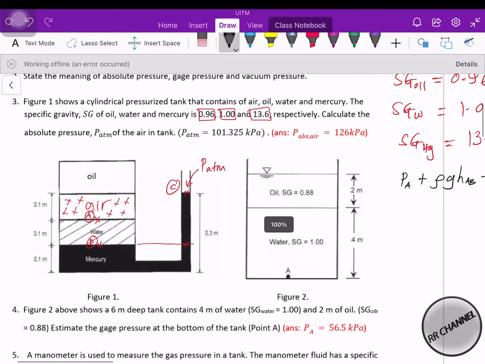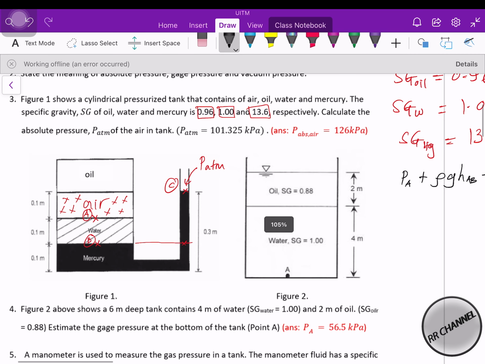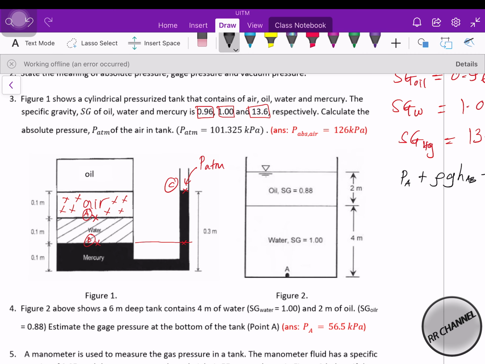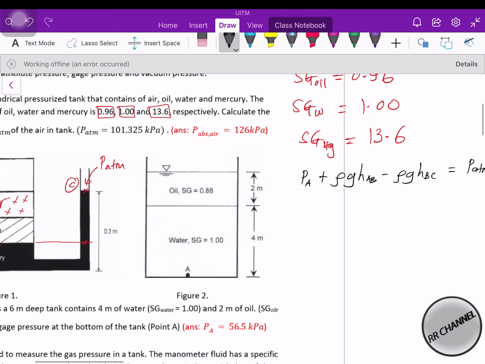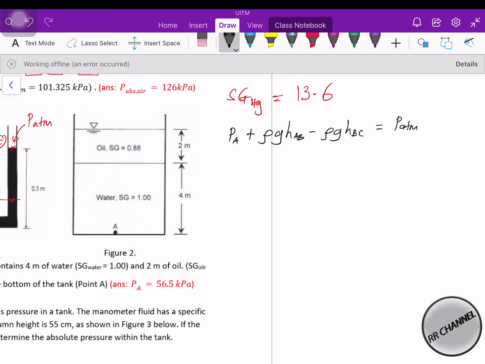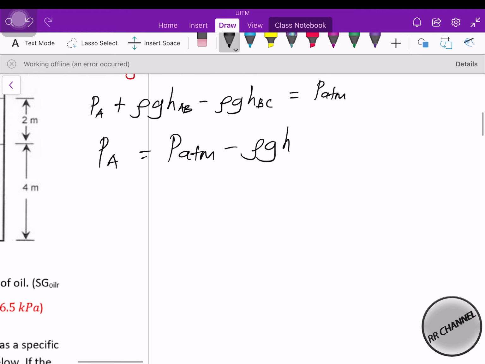Okay, so you rearrange because we want the atmospheric pressure, which is already given as 101.325. We want to get the pressure at point A, so you rearrange the equation. PA equals P atm minus rho g h AB plus rho g h BC.